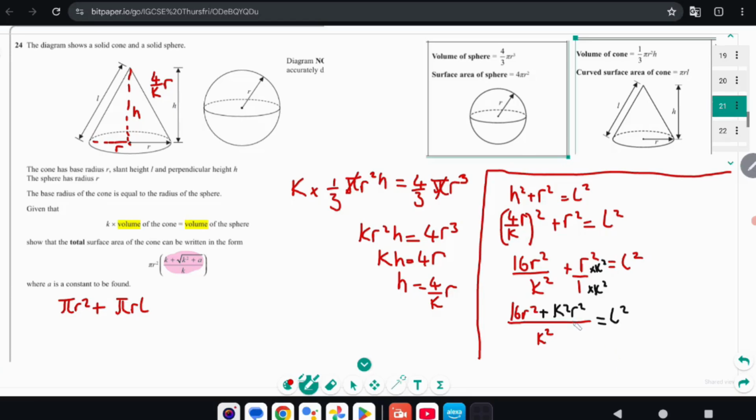I'm going to factorise at the top here, again being mindful you've got your k squared separately, so I'm going to factorise it by taking r squared out. And then I need to square root everything to make l the subject.